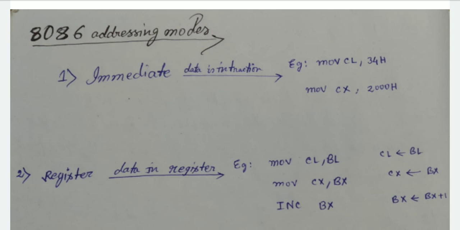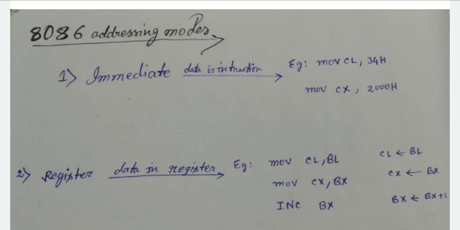Now come to the next addressing mode, the register addressing mode. Here the data is in a register. In the register addressing mode, we are giving the data by the register. The first example is MOV CL, BL.